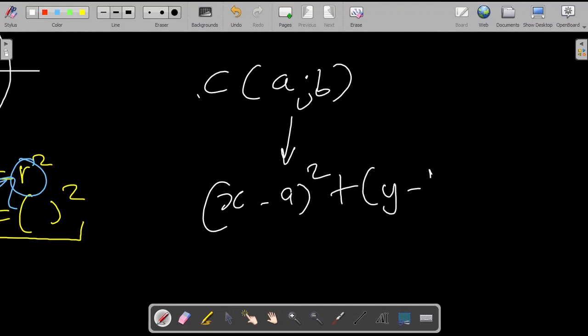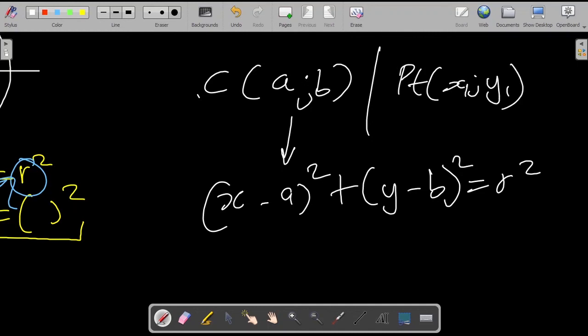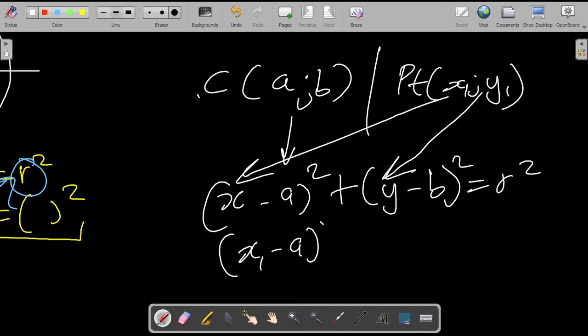But what if this circle was constrained, or was said to pass through a point with values x, y, or x1, y1? Then you basically substitute your x1 and y1 into x and y, so that you can find the appropriate value for your r.